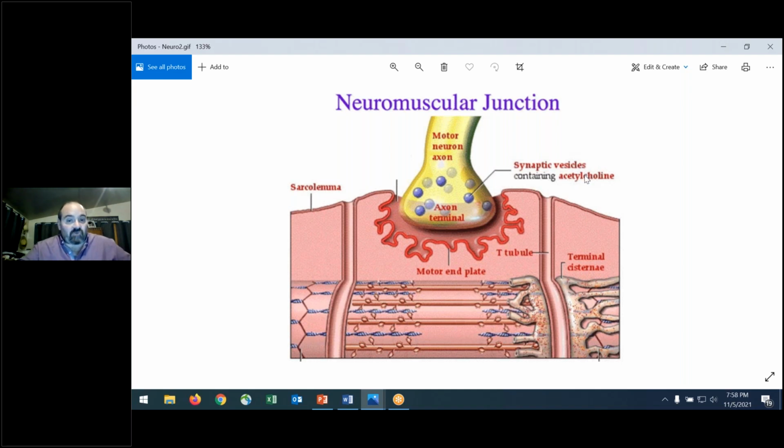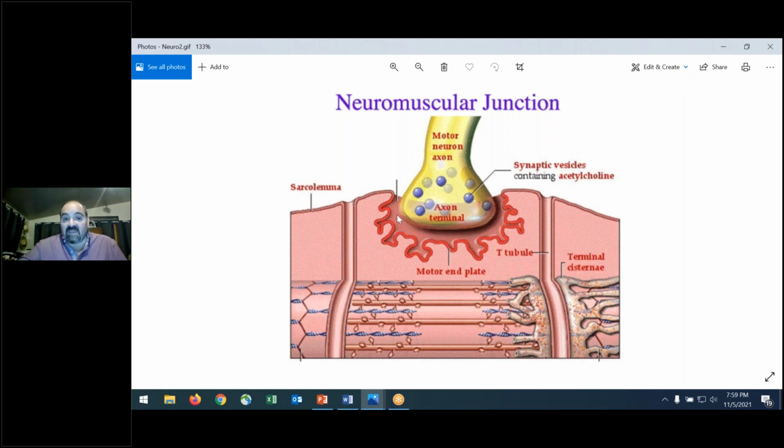And I'm going to give you two other terms that you should know. It'll help now, and it'll help also in neurology. So the motor neuron with the axon terminal, we would say that this is presynaptic, P-R-E, presynaptic, because this is the synapse right here.